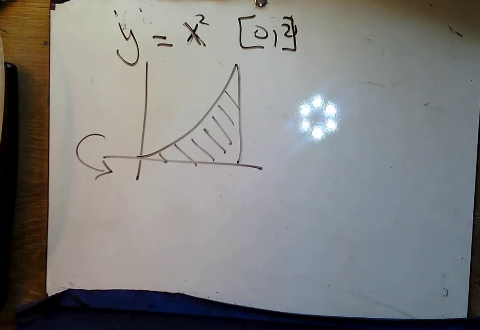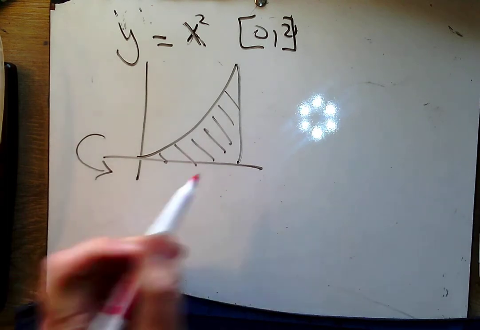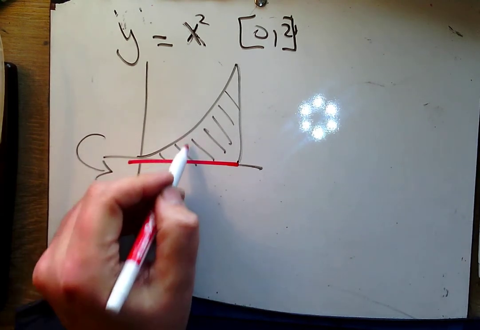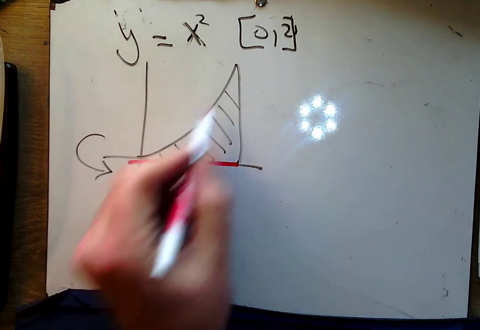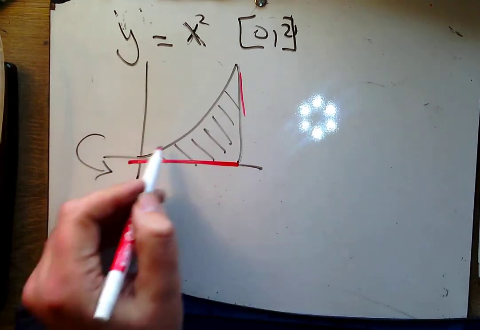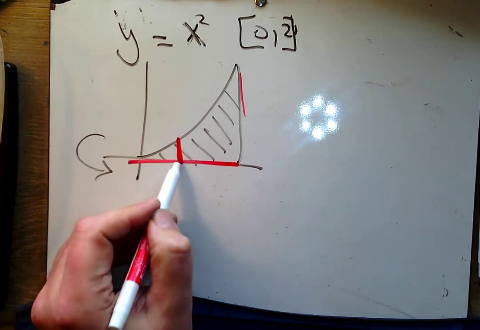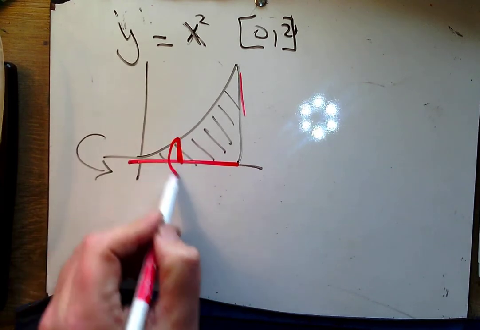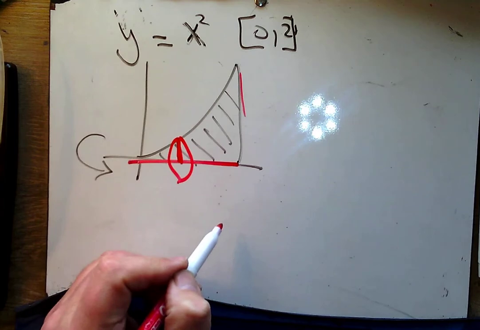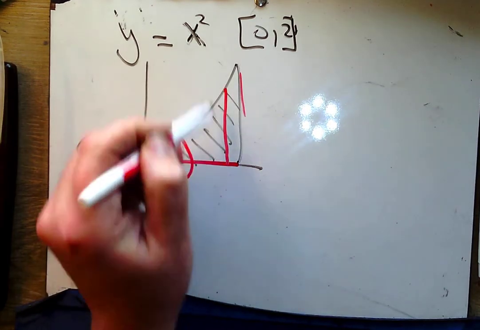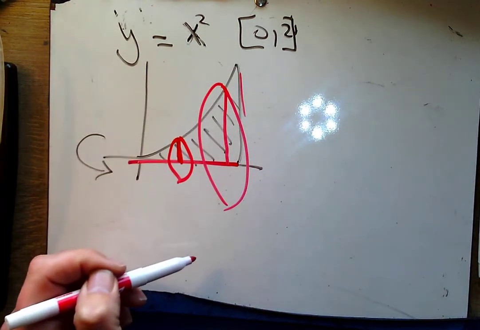So, disk or washer? Well, there's no gap between the region and the axis of rotation. So I draw something perpendicular to the axis of rotation, and I see that disk. Or I draw it over here, and I still see a disk.